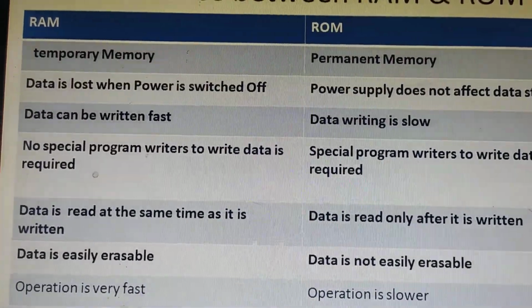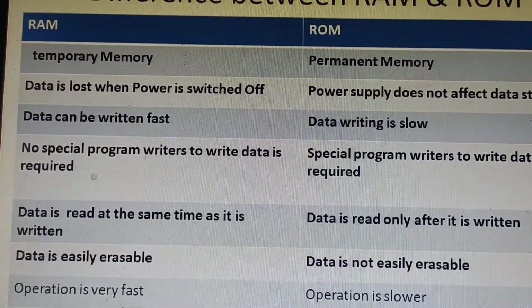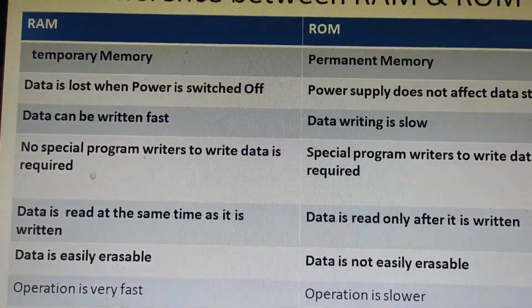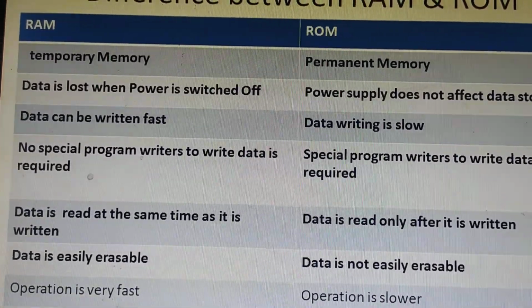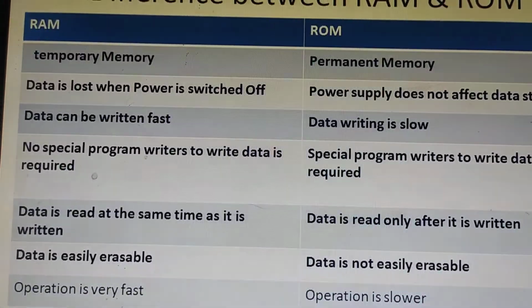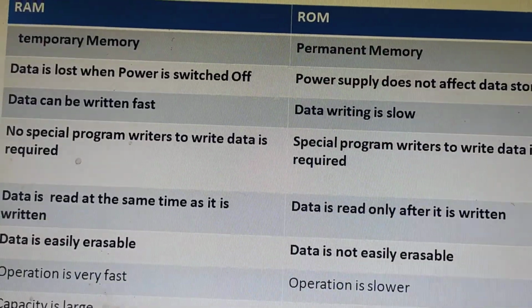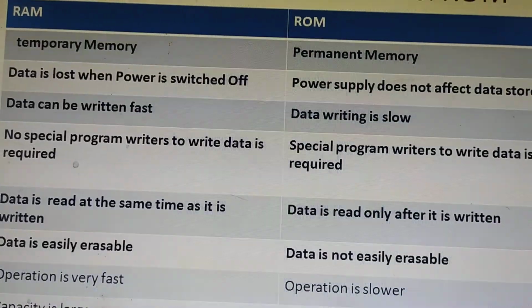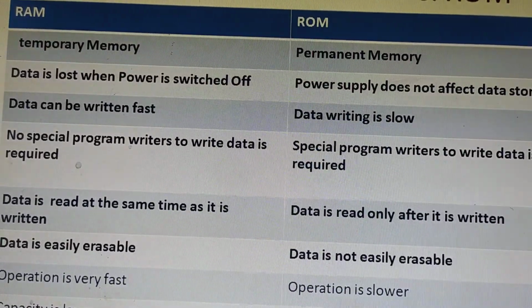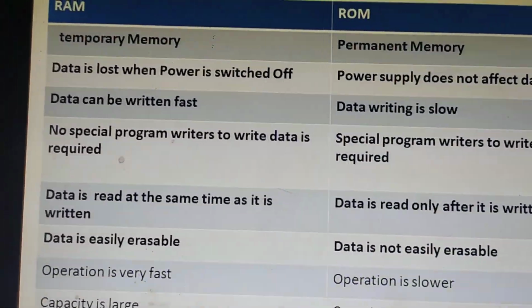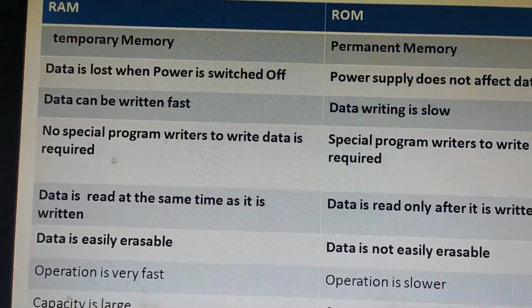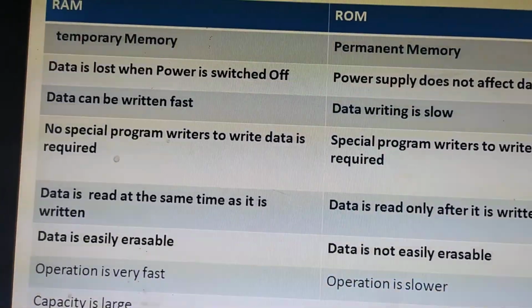The next difference is that in RAM no special program writing device is required to write the data, but in ROM we require special program writers to write the data. The next difference is that in RAM, data can be read and written at the same time.